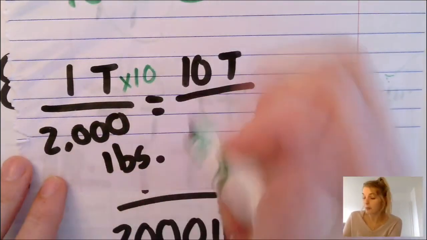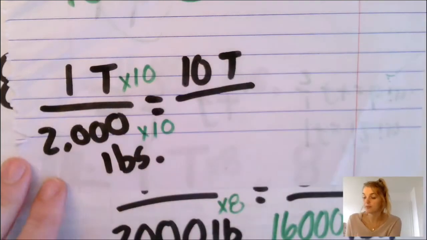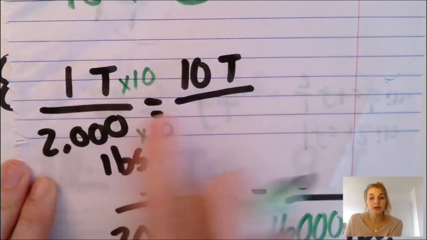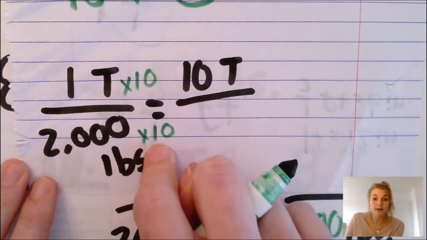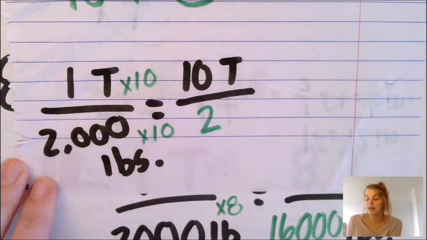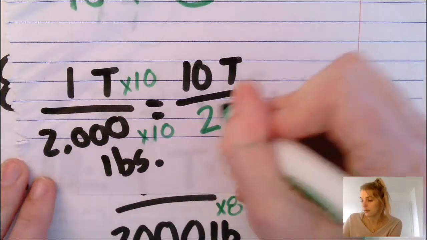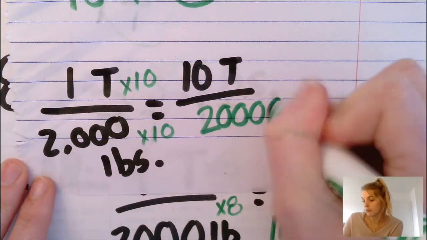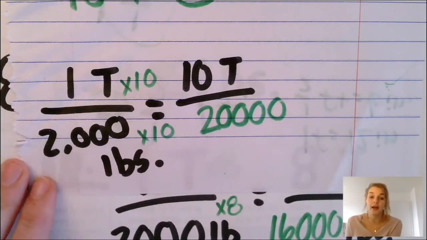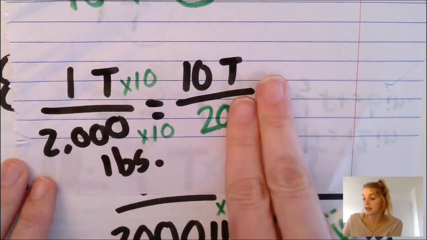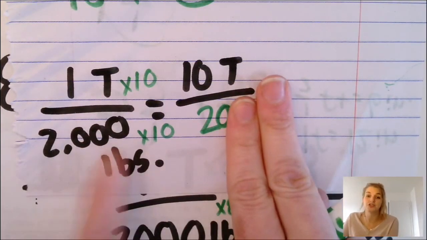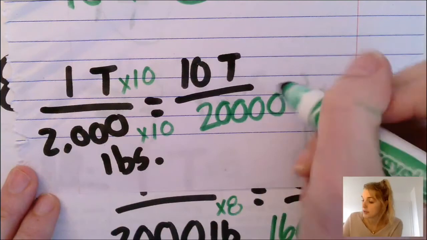What you do to the top, you do to the bottom. 2 times 1 is 2. And let's see how many zeros we have. 1, 2, 3, 4. Another way you could have done that is you could have done 2 times 10 is 20 and then added your 3 zeros. But either way, we get to this number right here.